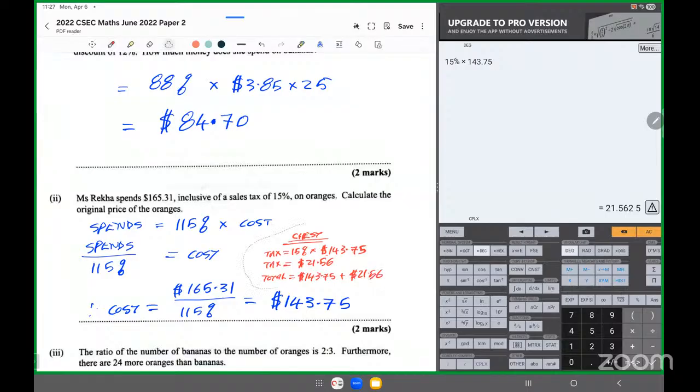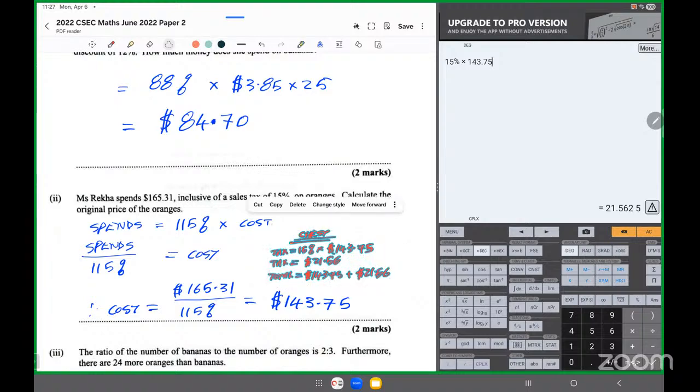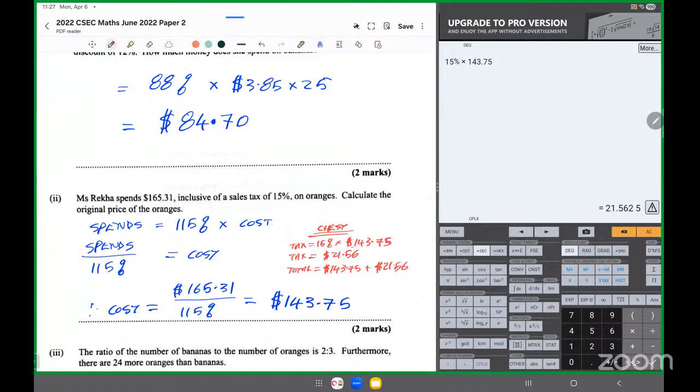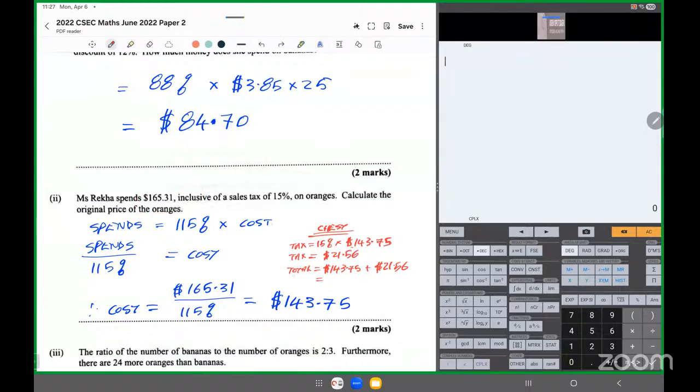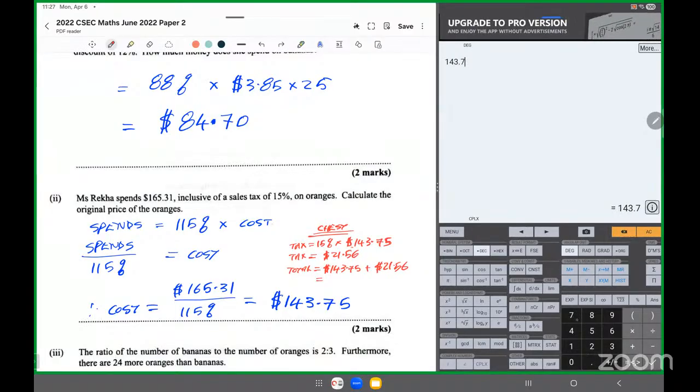This is like a check to show you that the answer is correct. It should work out to the amount that she spent. Let's add them up and see: 143.75 plus 21.56. There you go. See, 165.